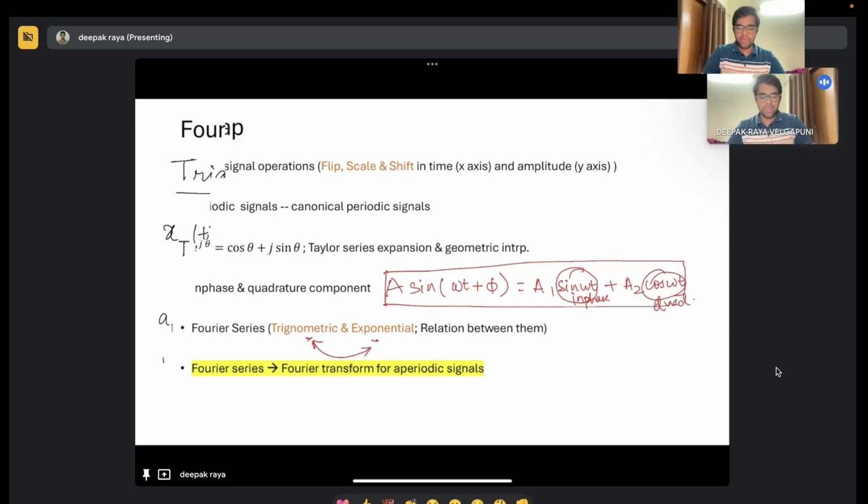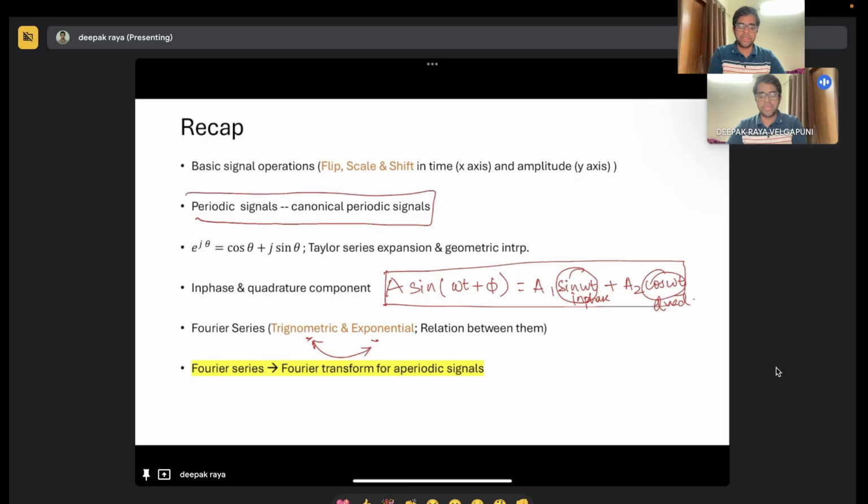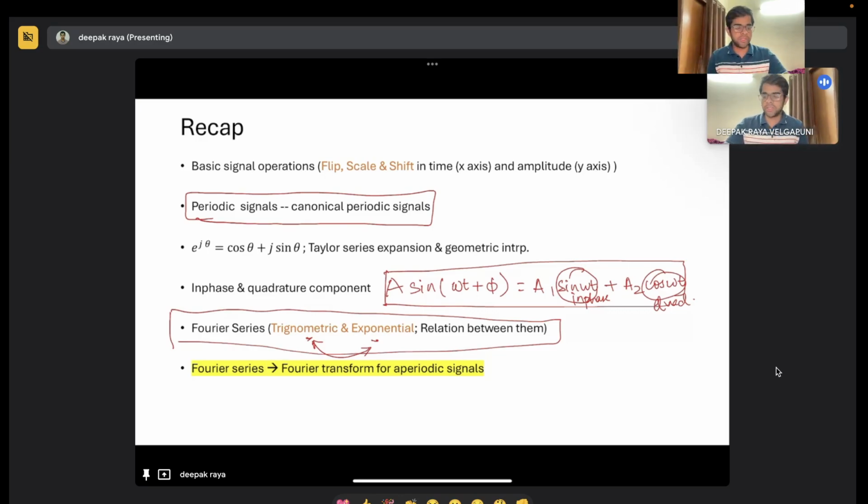So whatever we taught in the last class is mainly about periodic signals and how they can be represented via Fourier series. These are concepts which are useful in later stages, or right now when I derive other proofs. So this is a recap of the last lecture.